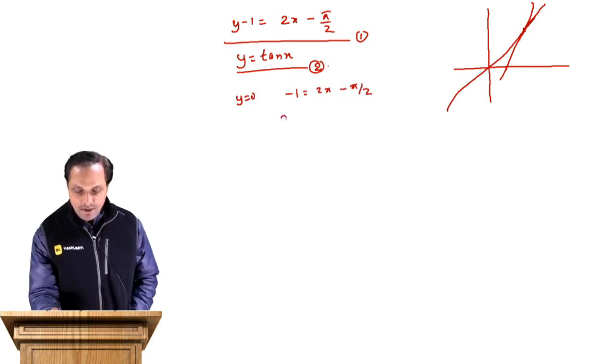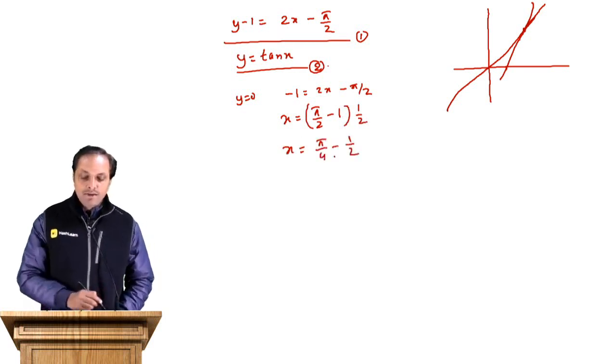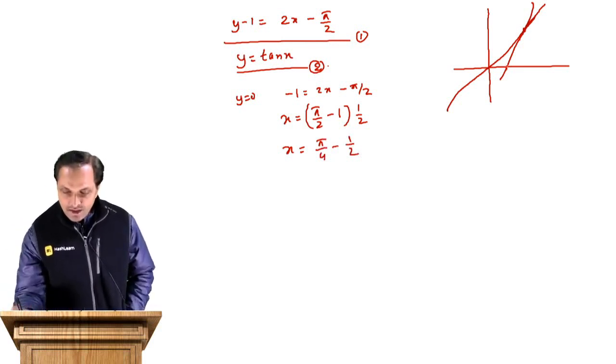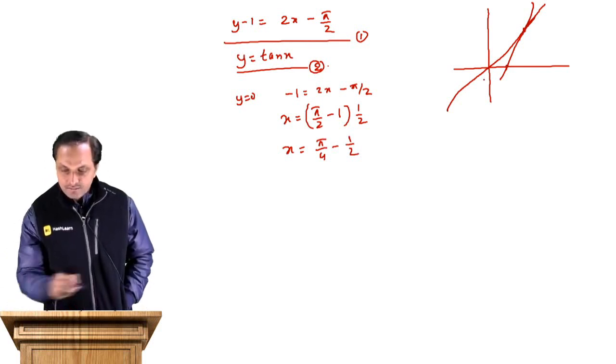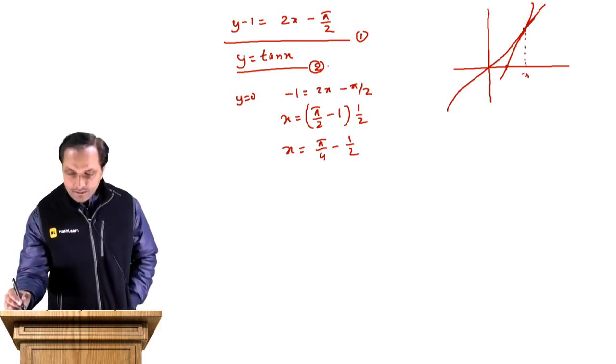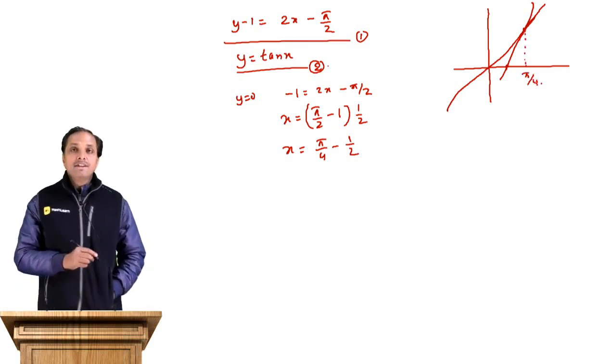So 2x is equal to pi by 2 minus 1, divided by 2, or x is equal to pi by 4 minus 1 by 2. So x will be equal to pi by 4 minus 1 by 2. That is here, and this is where x is pi by 4.